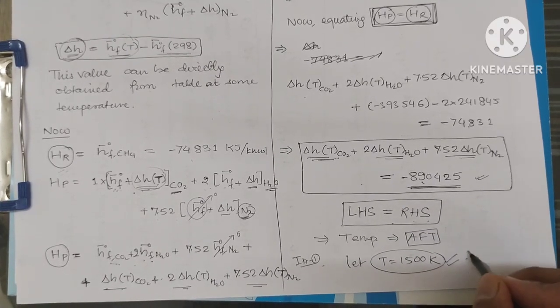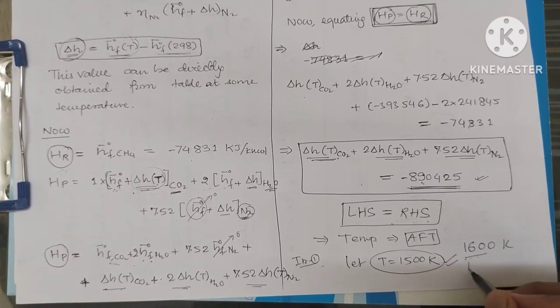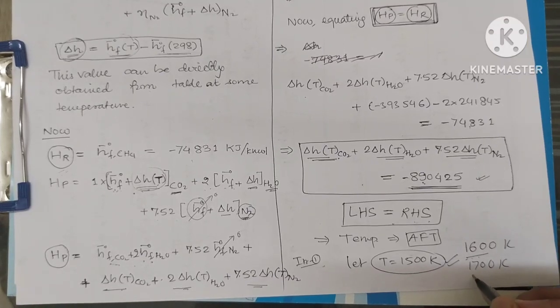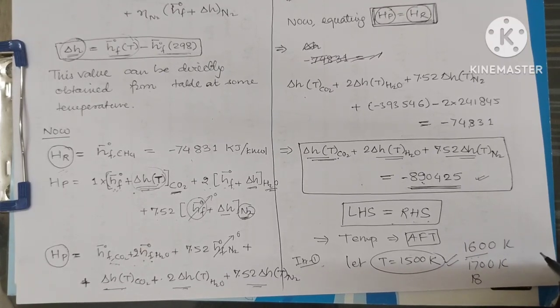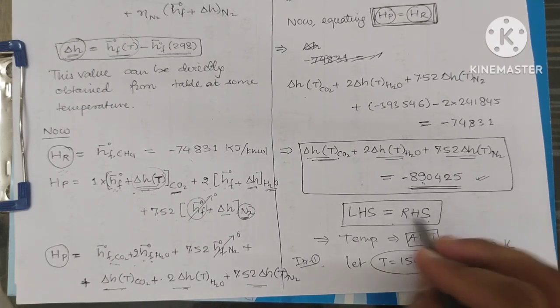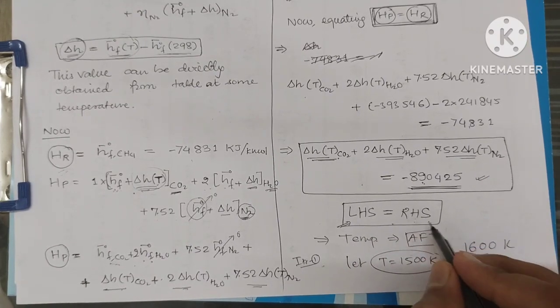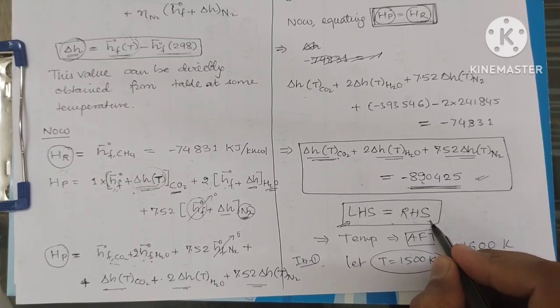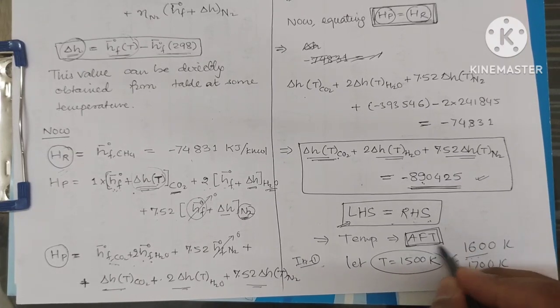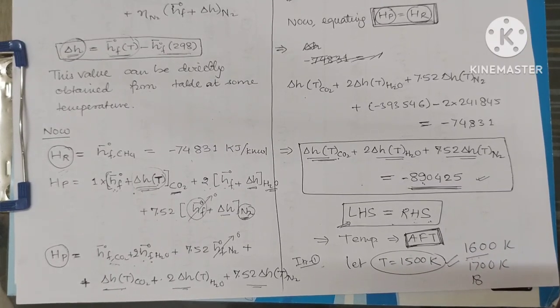By simply varying this, 1600, 1700, 1800, 1900, 2000, 2100, we find the final temperature at which the LHS will be equal to the RHS, and that temperature will be the adiabatic flame temperature. In this way we can estimate the adiabatic flame temperature of a particular fuel.